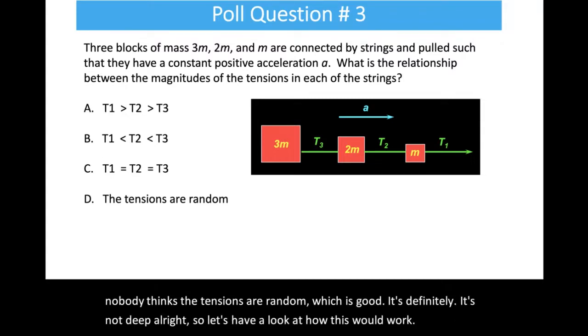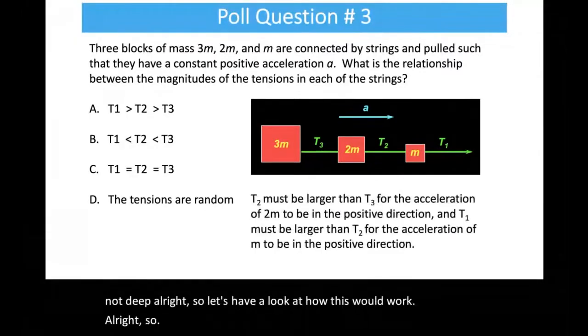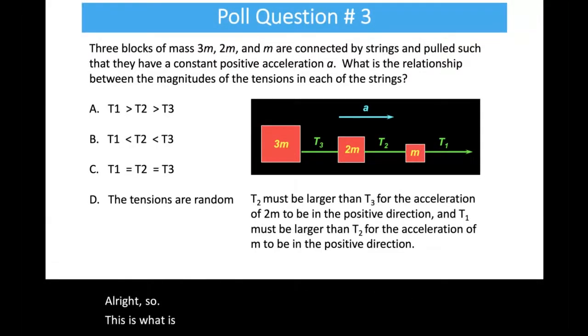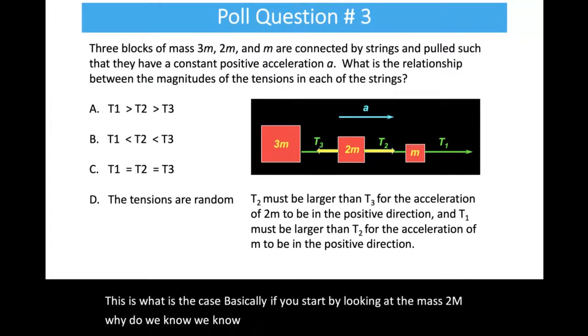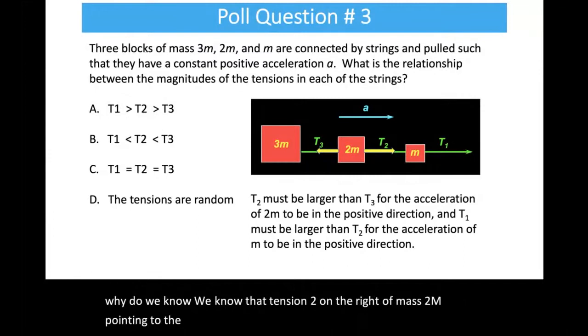This is what is the case. If you start by looking at the mass 2m, what do we know? We know that tension 2 on the right of mass 2m, pointing to the right, must be larger than tension 3 if we want 2m to accelerate in the positive direction.